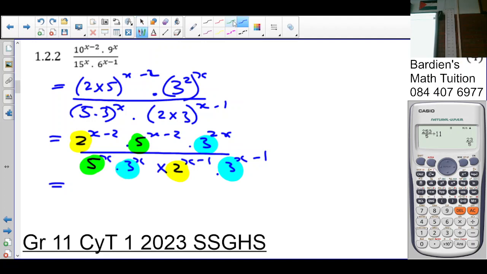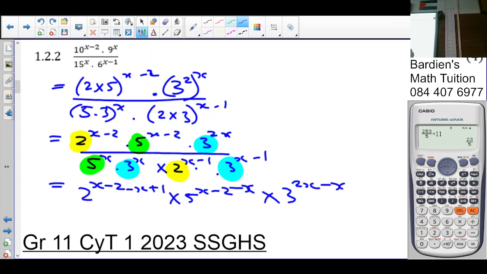Right, so let's go. It's going to be 2 to the x minus 2 minus x plus 1, times 5 to the x minus 2 minus x, times 3 to the 2x minus x minus x plus 1.